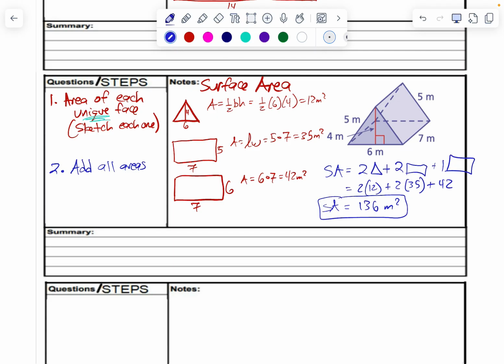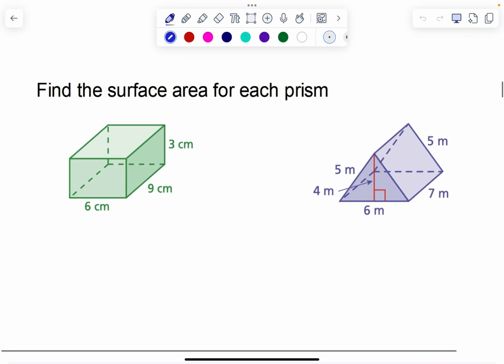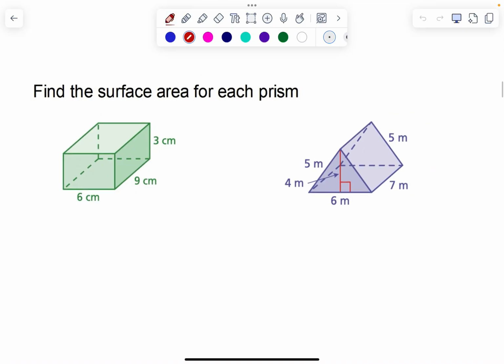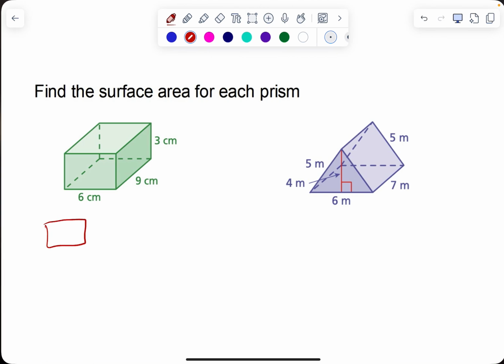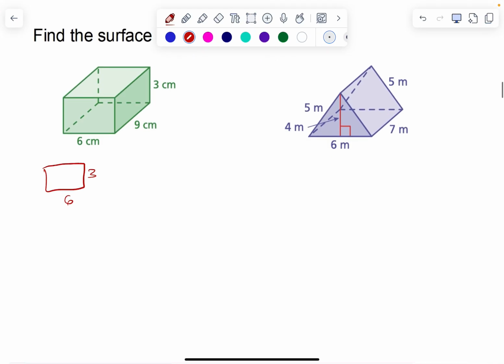I feel like you guys did this in middle school. Okay. All right, how about this one? Let's not do the whole problem, but what are the dimensions of the unique faces? Like this one, what should I label it? 6 by 3. Okay, what else is there? 9 by 3.